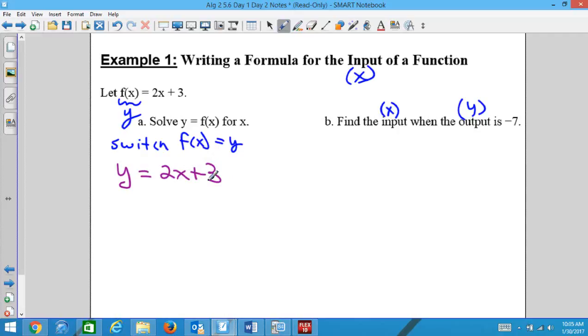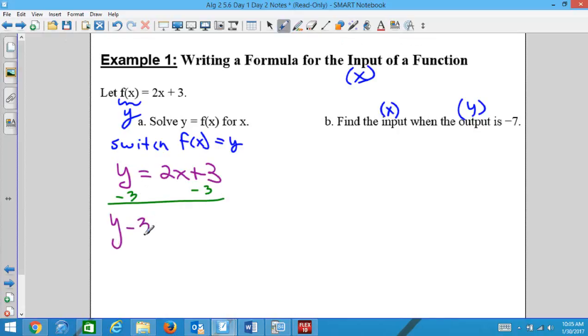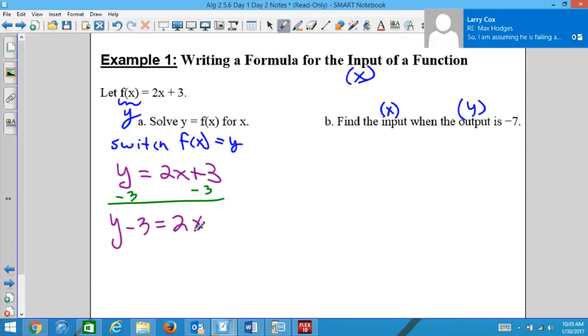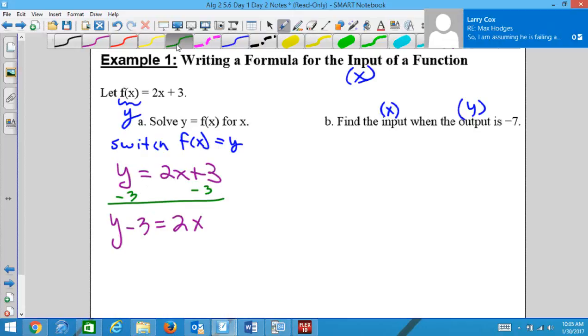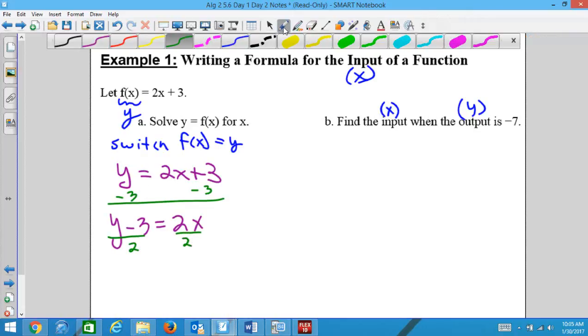Then after that, it says to solve this equation for x. So how do I get x by itself? We subtract 3. So we have y minus 3 equals 2x. And we divide both sides by 2. You divide everything by 2.